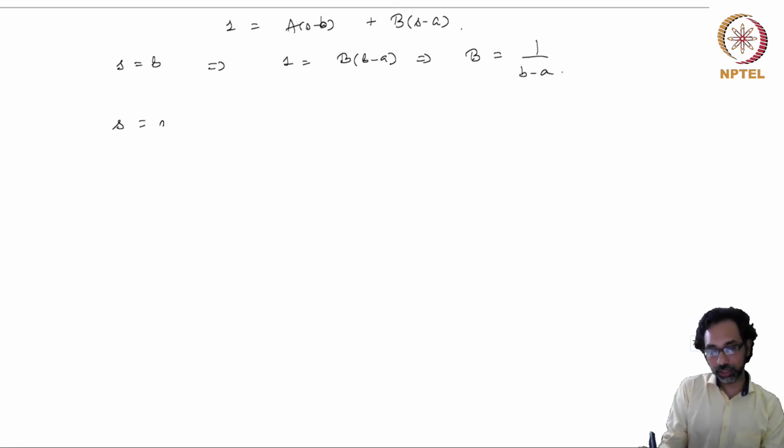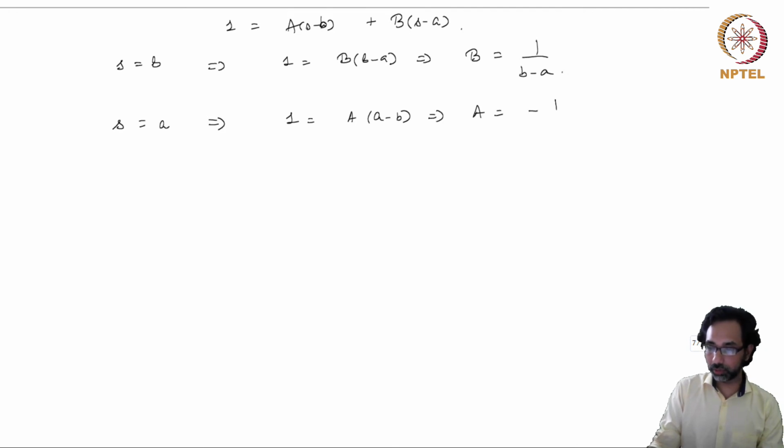Similarly, you can put s equal to a. This implies that 1 equal to A times (a minus b), which implies A equal to minus 1 over (b minus a).